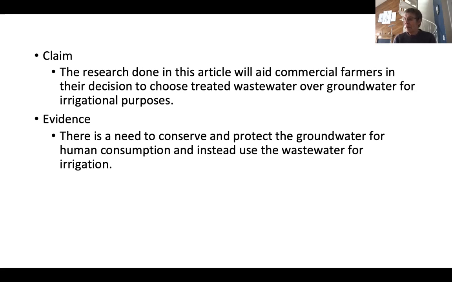Okay, another mistake that people often make is illustrated in this particular example. So the claim: research done in this article will aid commercial farmers in their decision to choose treated wastewater over groundwater for irrigation purposes. Evidence: there's a need to conserve and protect the groundwater for human consumption and instead use the wastewater for irrigation. Okay.